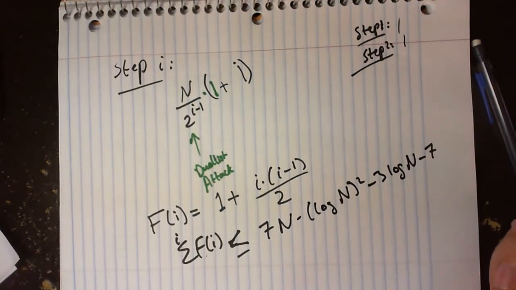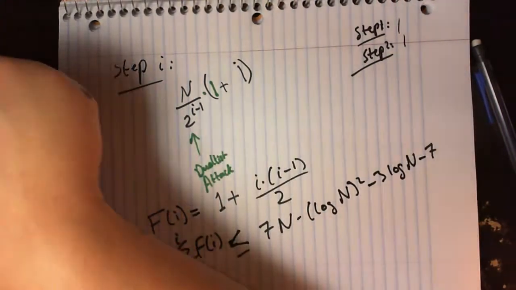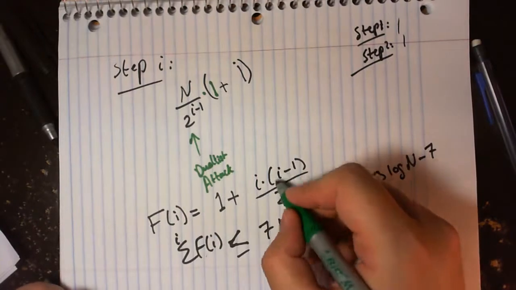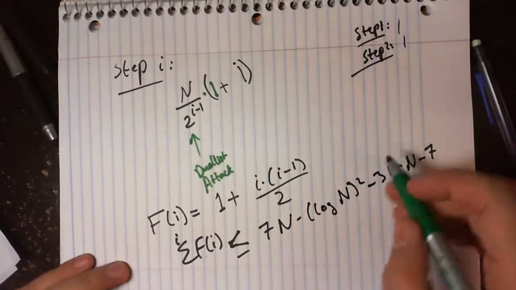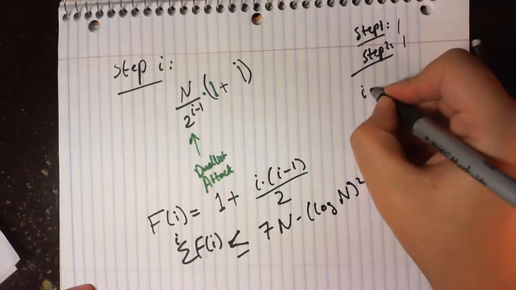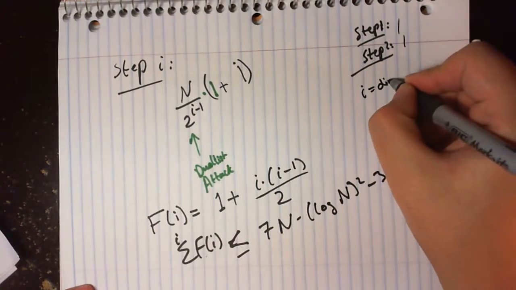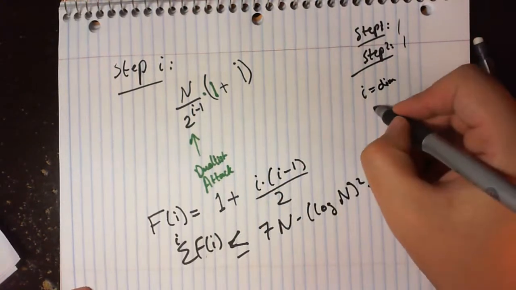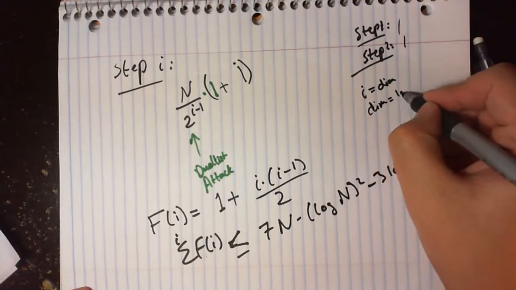Okay, and you can look at the paper for the details, but just to note where the log n's came from, remember that i is the dimension, the number of steps is essentially the dimension of the hypercube. And we know that the dimension of the hypercube is equal to log n.